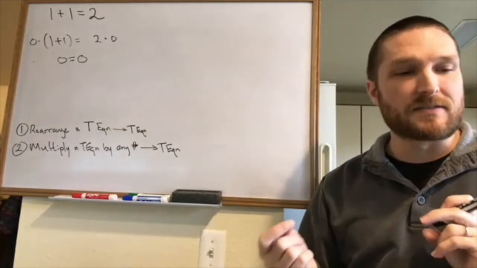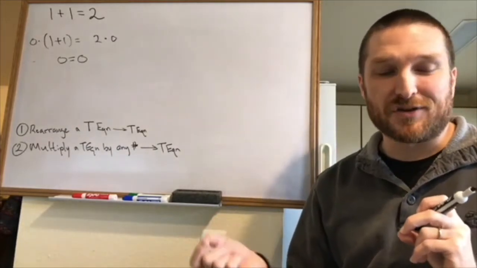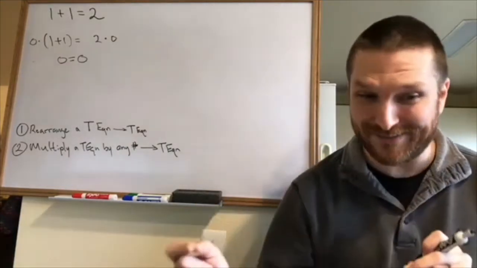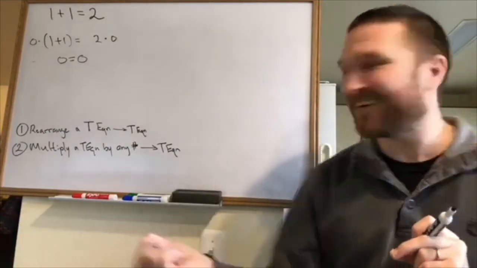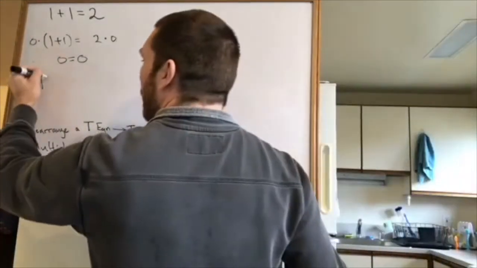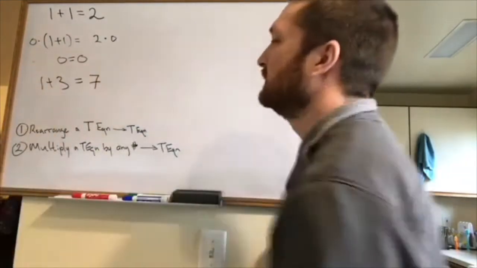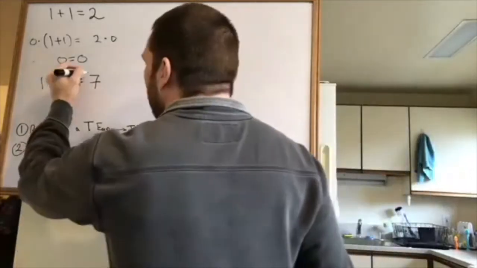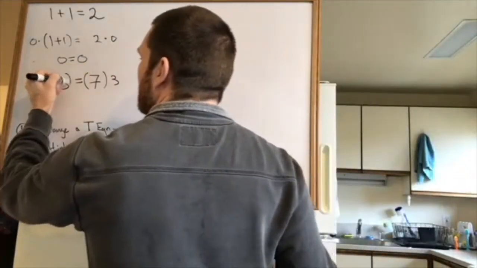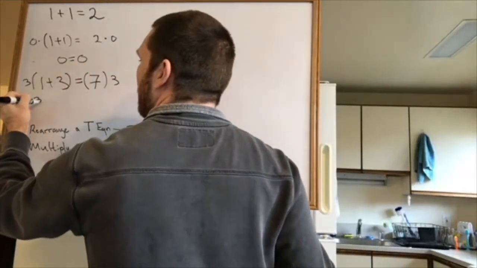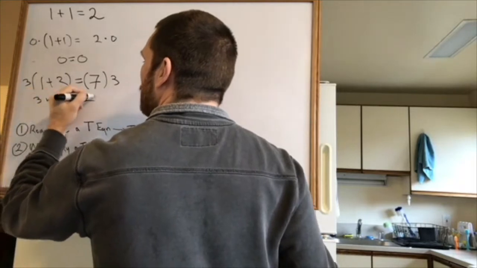Now it's obvious that if I start with a false equation, this doesn't work. If I had 1 plus 3 equals 7, and I multiply that by any number, how about 3? I'll do that on both sides, and now I get 3 plus 9 equals 21.